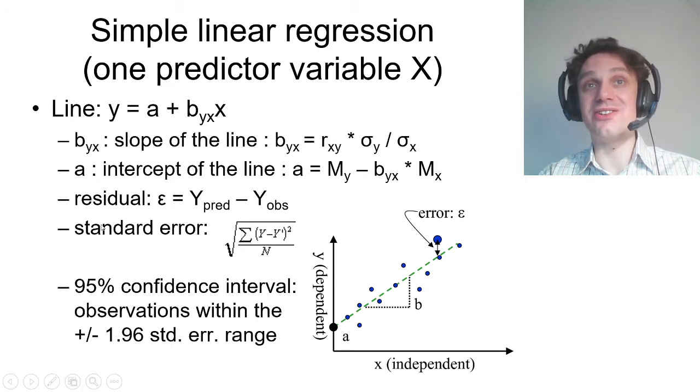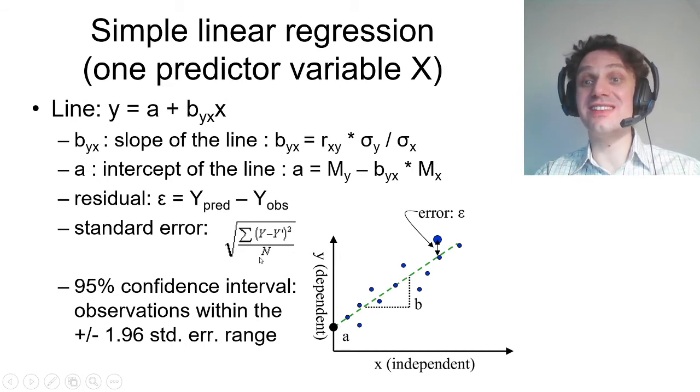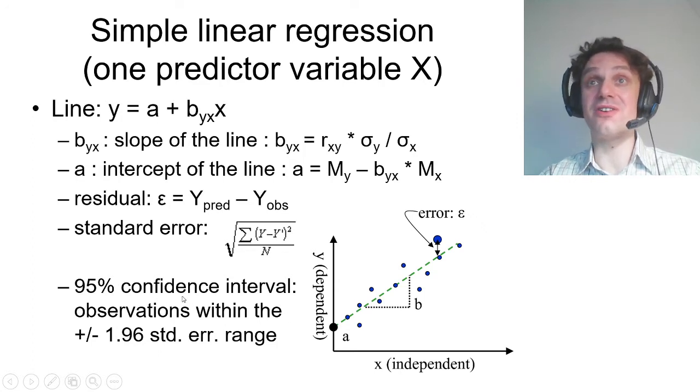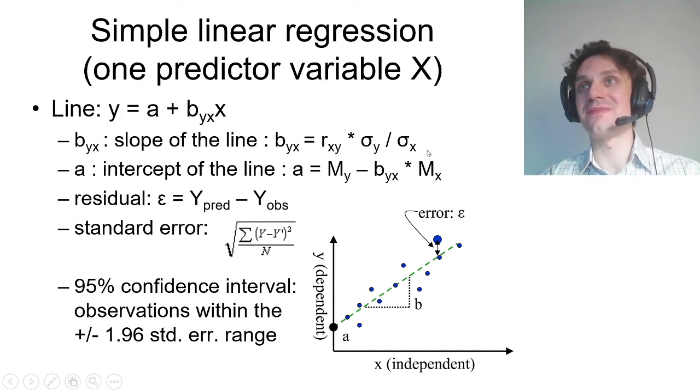And you can also calculate your standard error of prediction, and sometimes you can graphically show the confidence interval for your observations. But so far, let's take a look at those two formulae. The slope of your regression, byx, is equal to your correlation coefficient multiplied by the standard deviation of y and divided by the standard deviation of x.